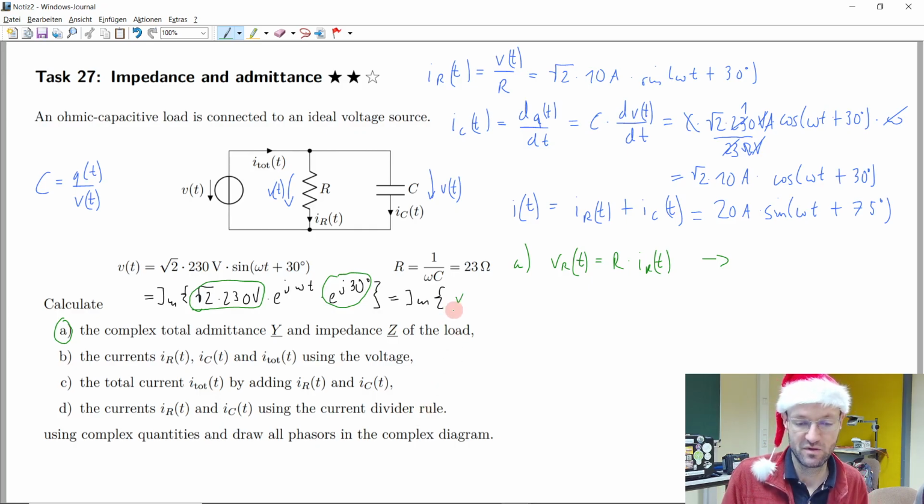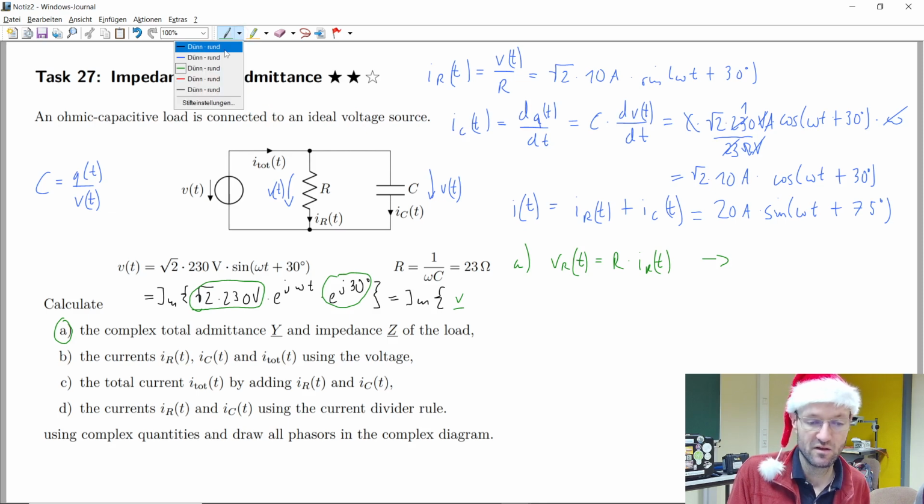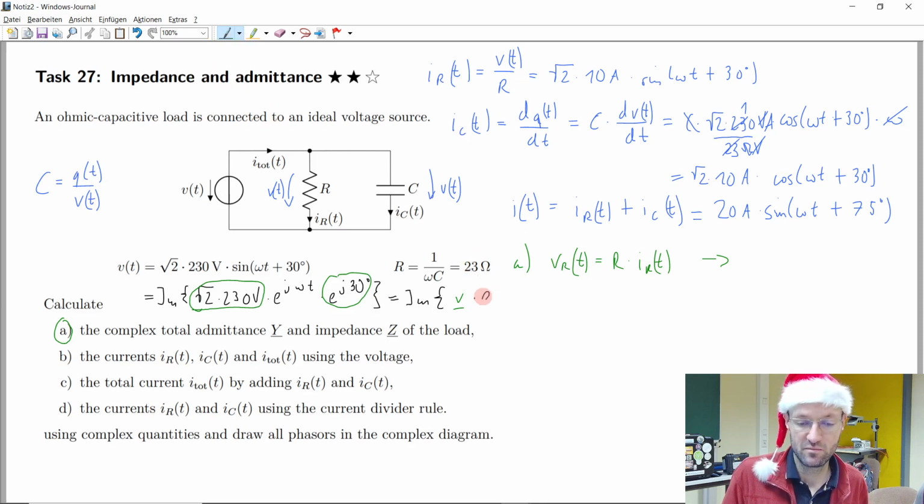But it's a peak phasor, so it's lowercase. And this is then still multiplied with e to j omega t. And our v in this case, as we can see, is square root of 2 times 230 volts times e to j 30 degree.